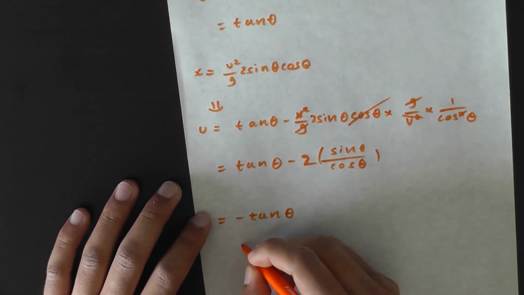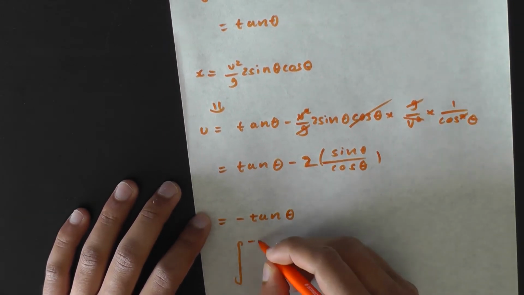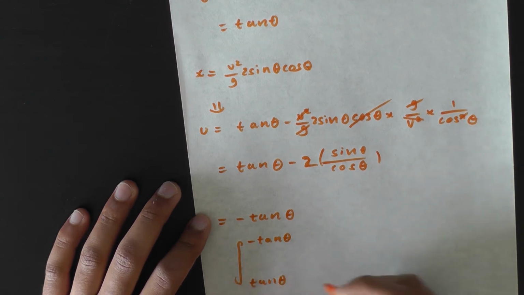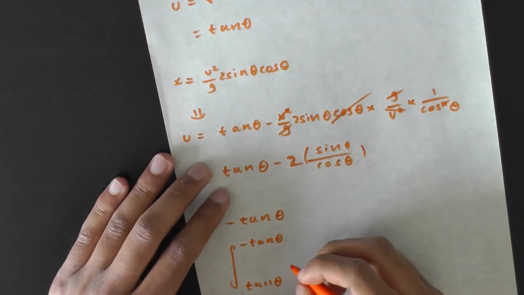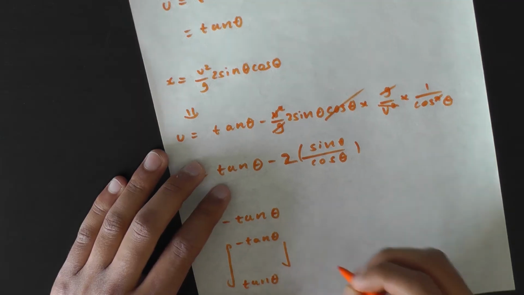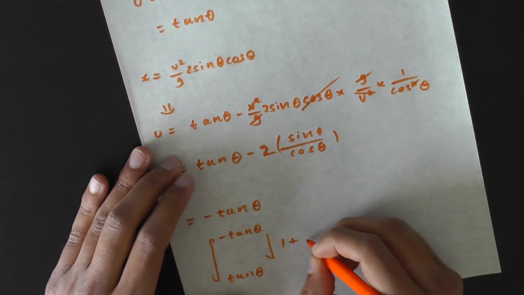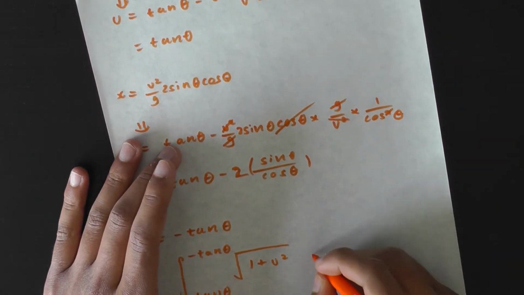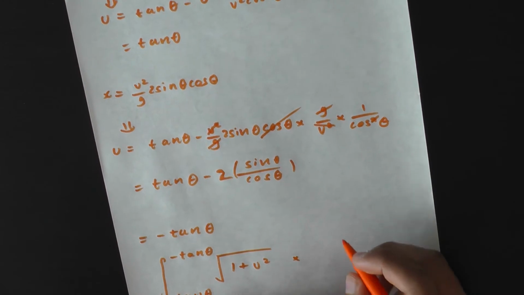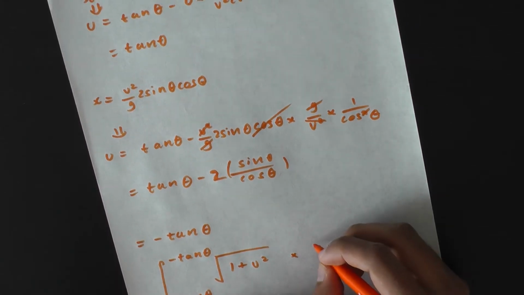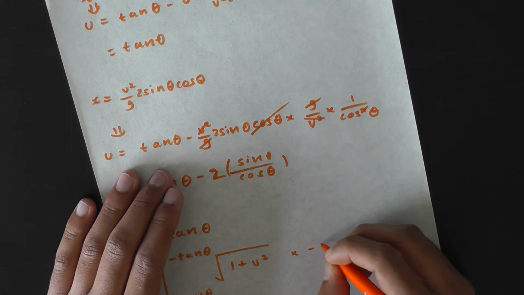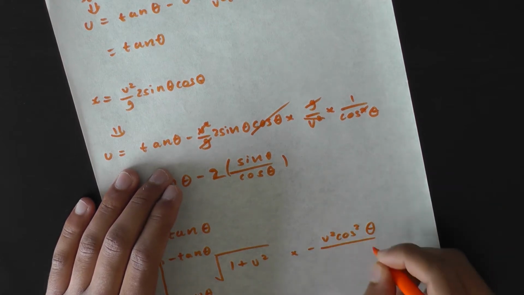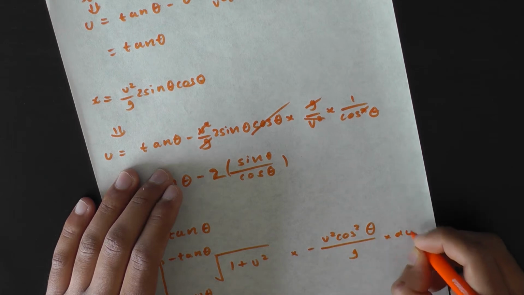So this is what our integral will look like. We've got minus tan theta on the top, and tan theta on the bottom, which is quite confusing, but that's just how these integrals work. Now we've got 1 plus u squared times minus v squared cos squared theta over g times du.